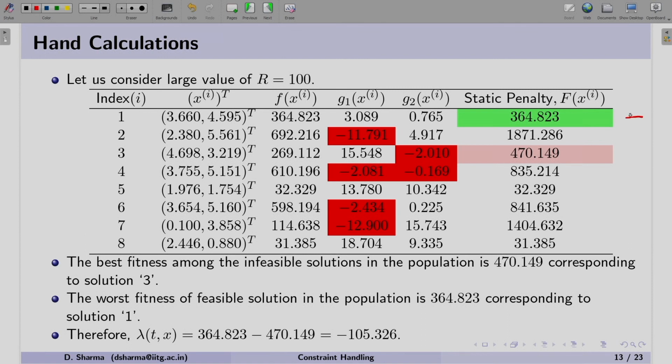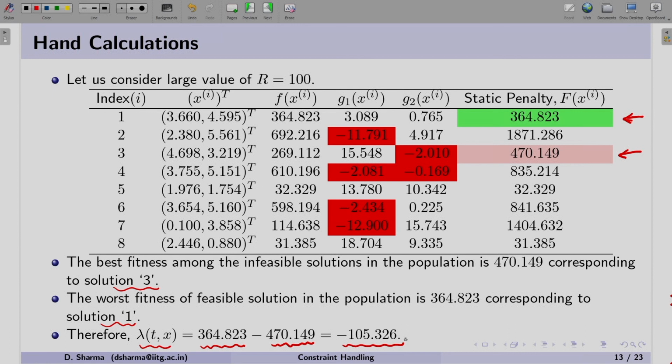The best infeasible solution corresponds to solution number 3 and the worst feasible solution corresponds to solution number 1. So, when we have identified solution 1 and solution 3, we can calculate lambda. As we know, the worst feasible solution fitness minus the best infeasible solution fitness, and we get a value of lambda as minus 105.326.